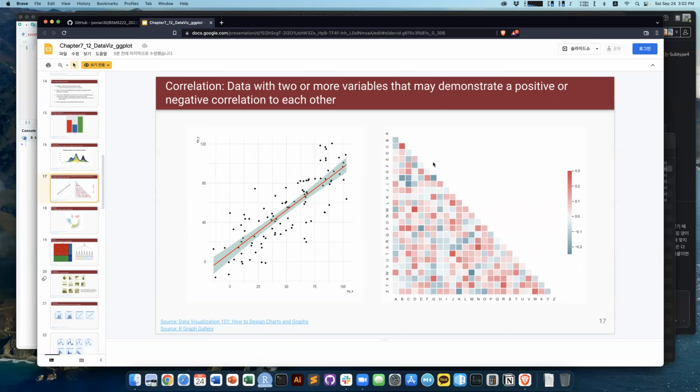Think about this situation. When you measure gene expression from certain tissues or cells, think about the number of genes in our genome. Humans have 60,000 genes, right? We have 20,000 genes for protein coding and 40,000 genes for non-coding genes.